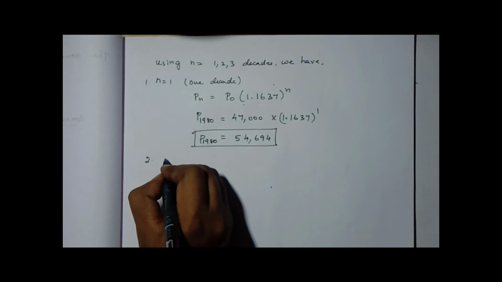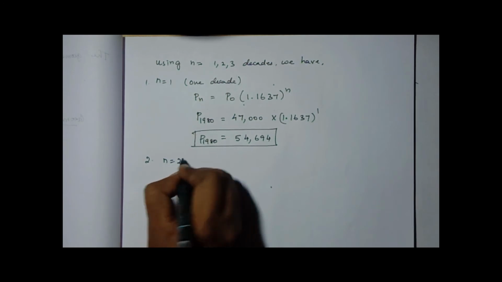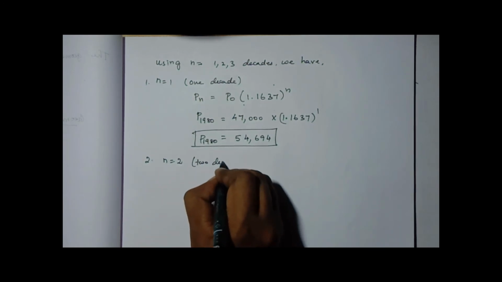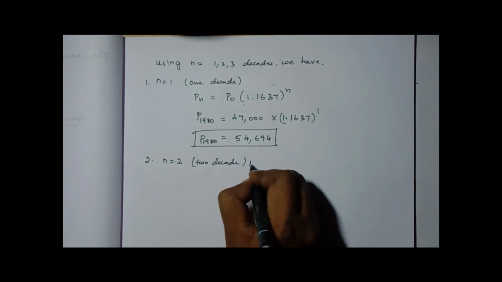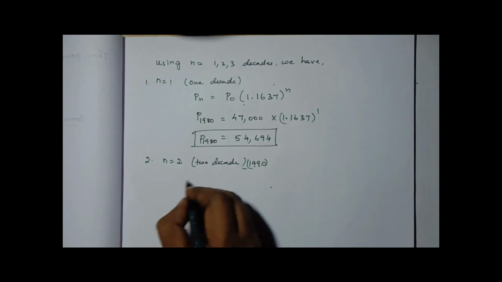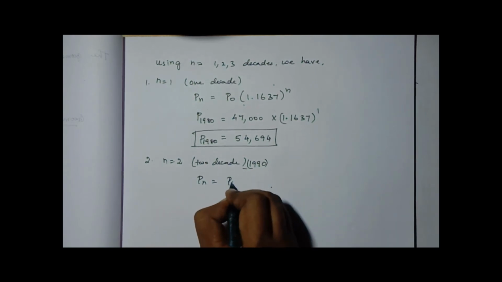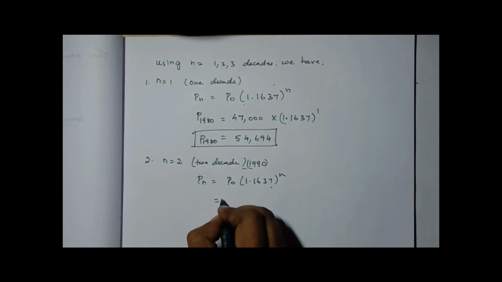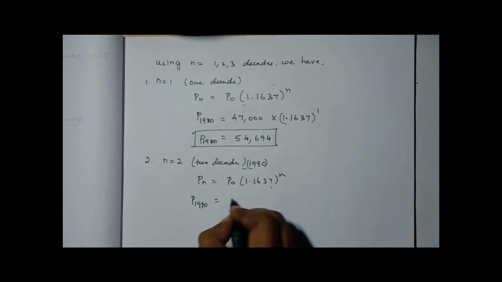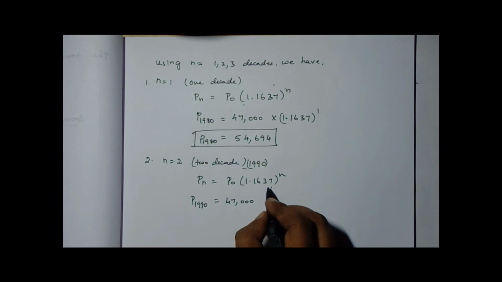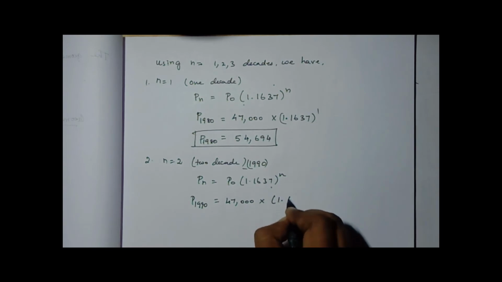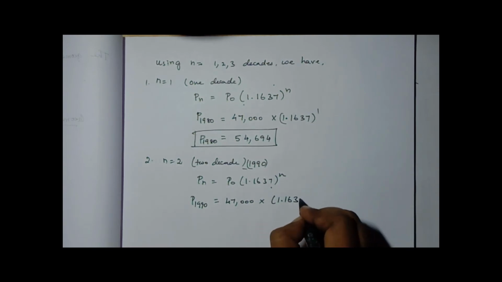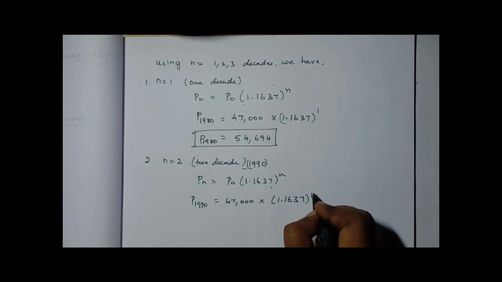And then for 2 decades, n is equal to 2, which is in the year 1990, we'll have Pn is equal to P naught 1.1637 to the power n, so P 1990 is equal to 47,000 into 1.1637 to the power 2.